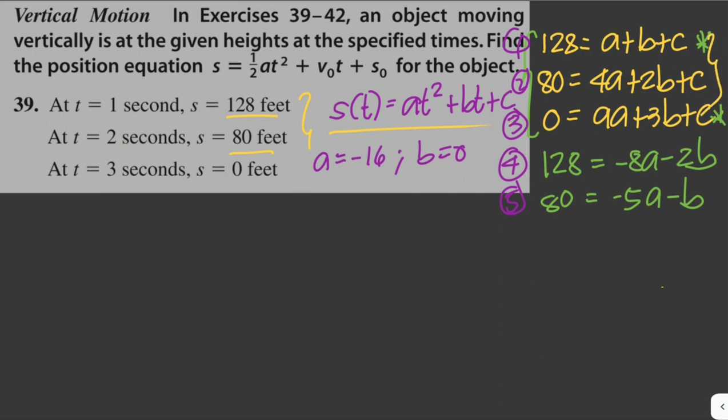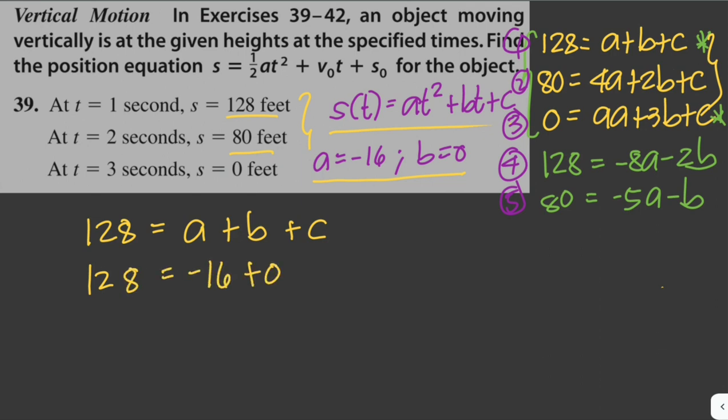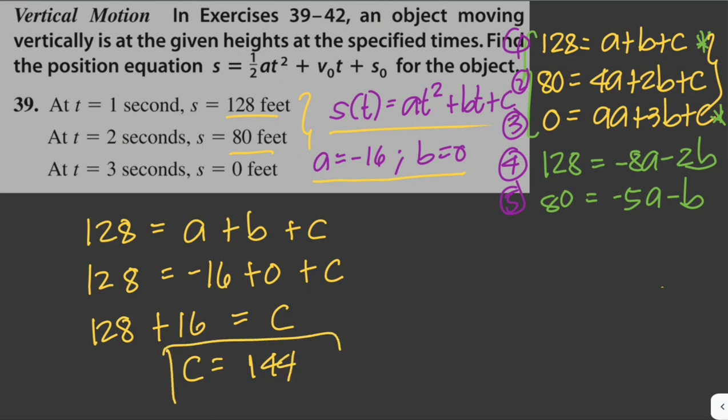So let's use 128 equals a plus b plus c, and plug in the values of a and b to solve for c. So negative 16 plus 0 plus c. So this is just 128 plus 16. We transpose negative 16 to the left. And c is equal to 144.